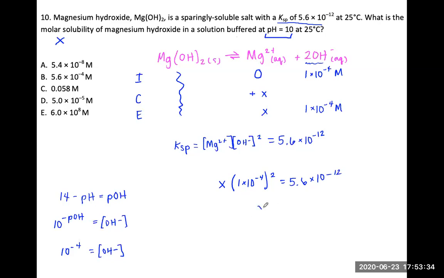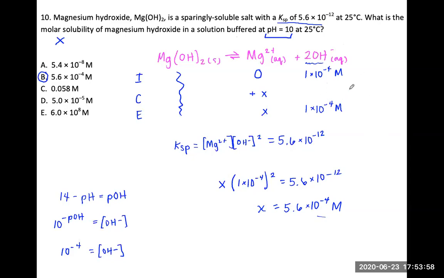And when we solve this then, we'll find that x is equal to 5.6 times 10 to the negative 4th. And this is our molar solubility. We'll put it in terms of units of molar. So the answer to this question then is just B.